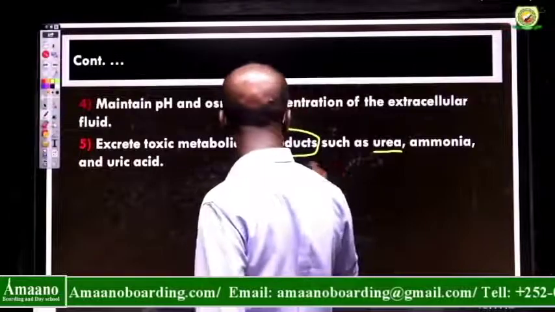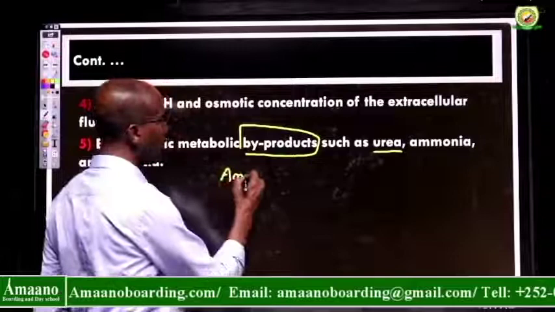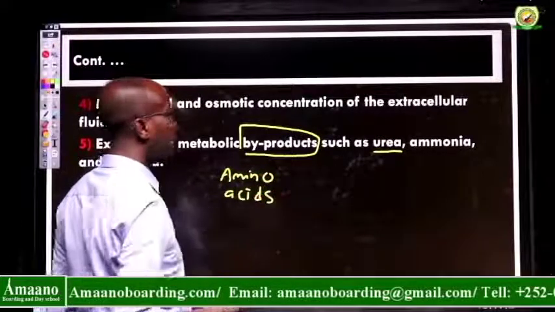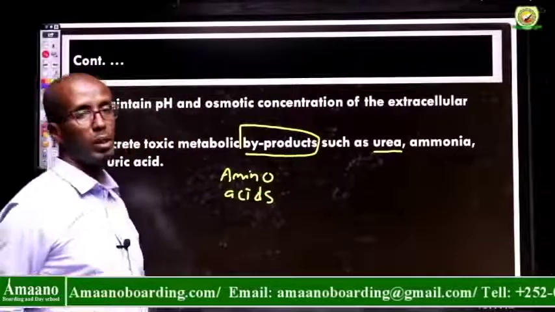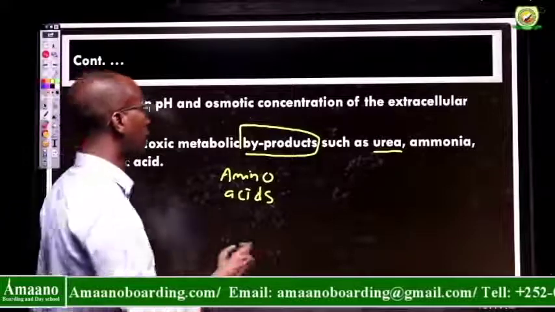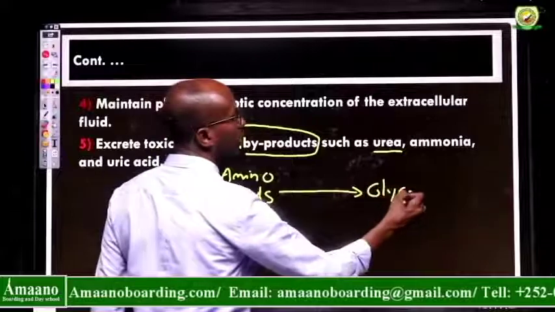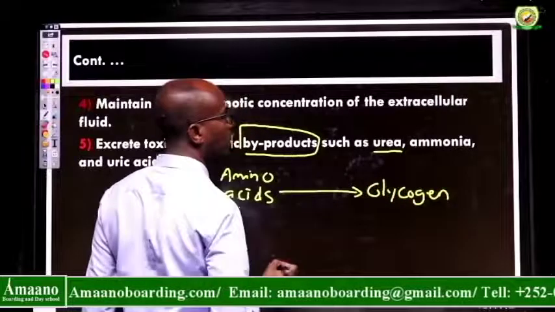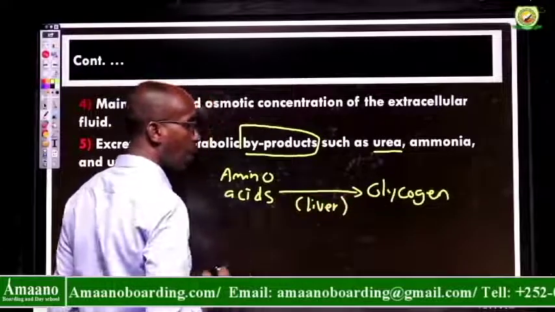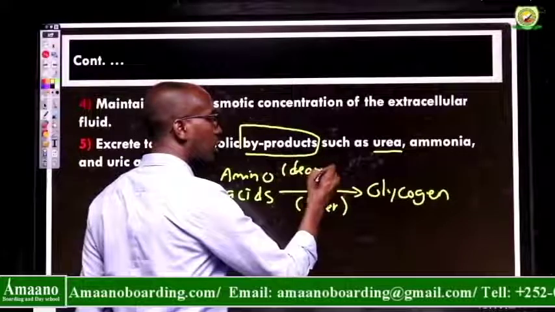Excess amino acids cannot be stored by the body. So for these excess amino acids to be stored, they must be converted into glycogen. This is done by the liver, and the process is called deamination.